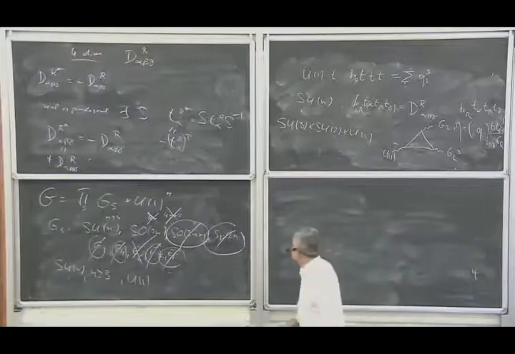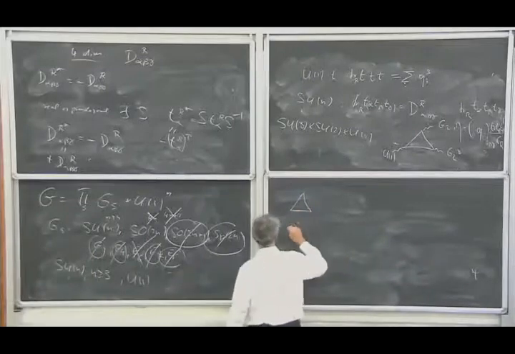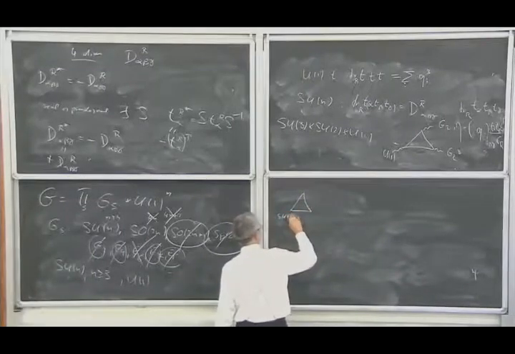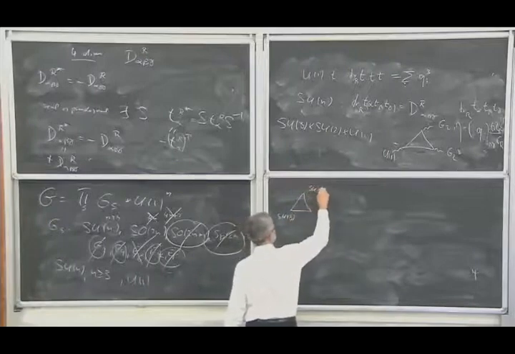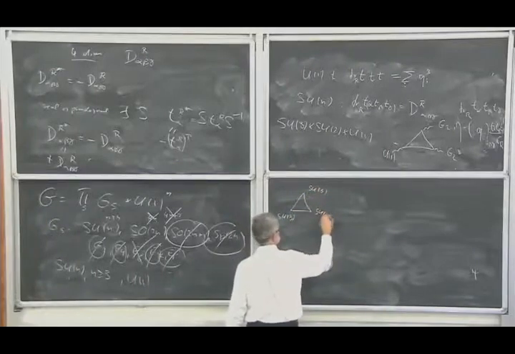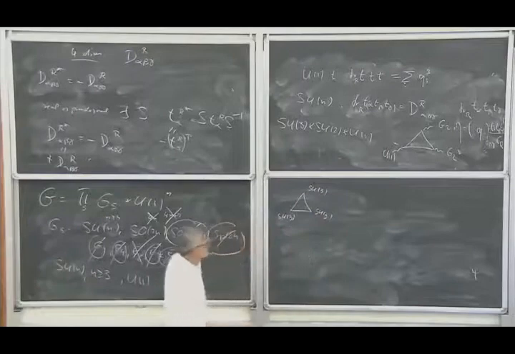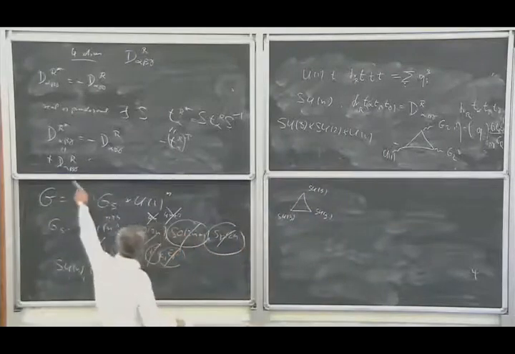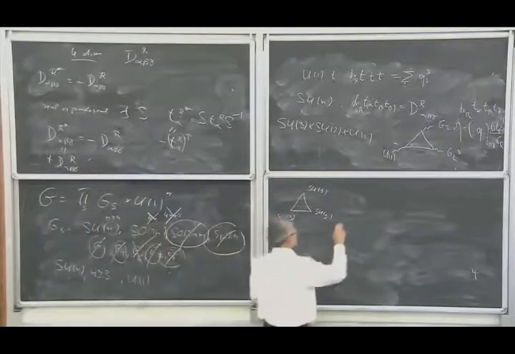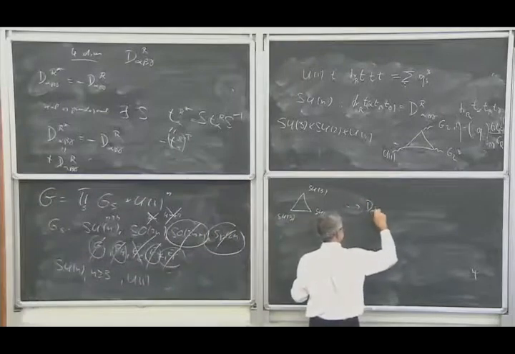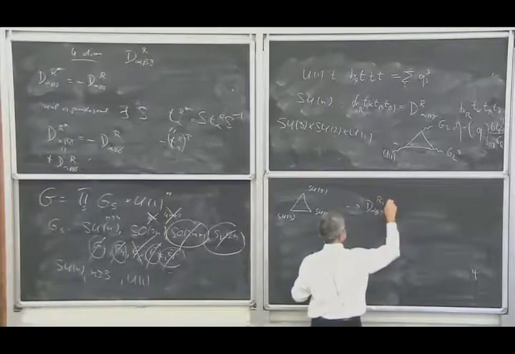So we have an anomaly where we put SU(3), SU(3), SU(3) gauge bosons at all 3 vertices. That's okay because then we have to look at the D symbol of the SU(3) representation.